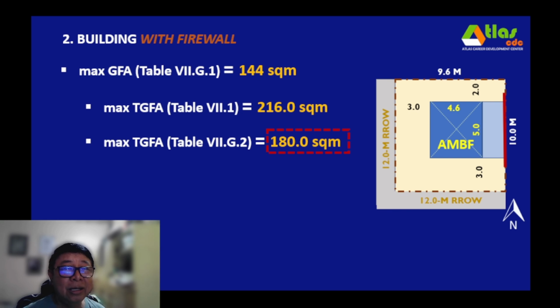Again, this might not be the correct answer yet for the maximum TGFA, because as I mentioned earlier, the correct value of the maximum TGFA can only be determined if you have already a value for your allowable maximum volume of building, because the maximum TGFA should not exceed what is provided for in the AMBF.